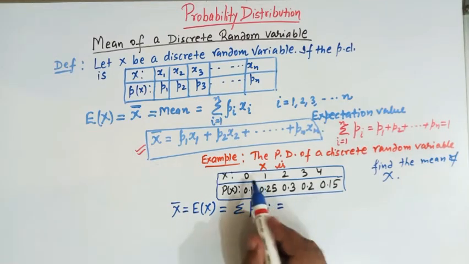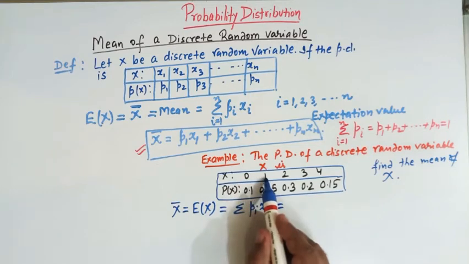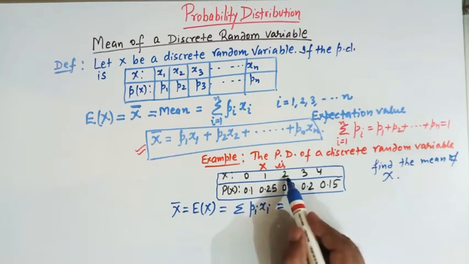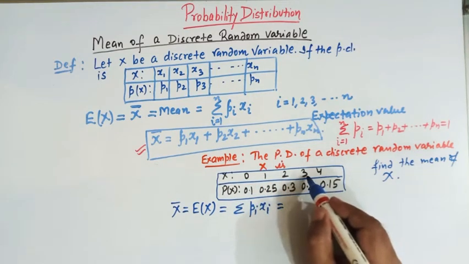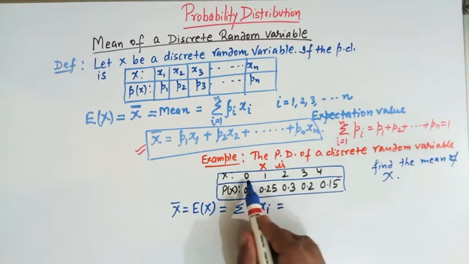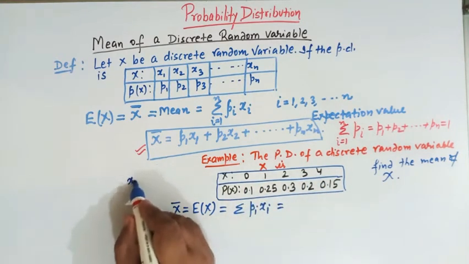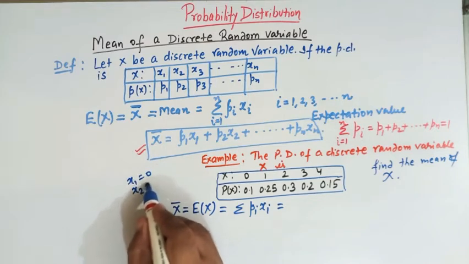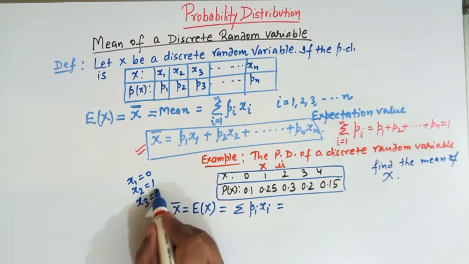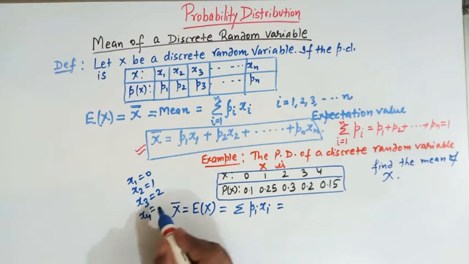And here x1 is 0, x2 is 1, x3 is 2, x4 is 3, and x5 is 4.